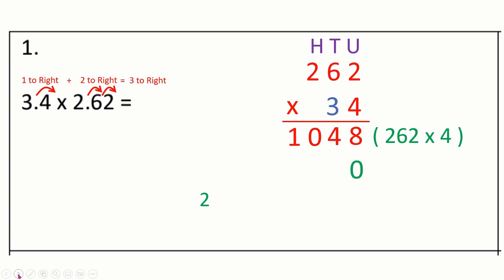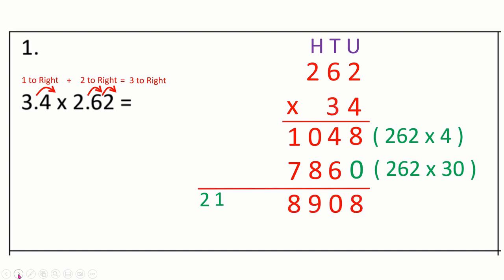Remember to put the 0 in. 2 times 3 is 6. 6 times 3 is 18. Put down the 8, carry the 1. 2 times 3 is 6, plus your 1 is 7. So the answer, 7,860, is to the question 262 times 30.